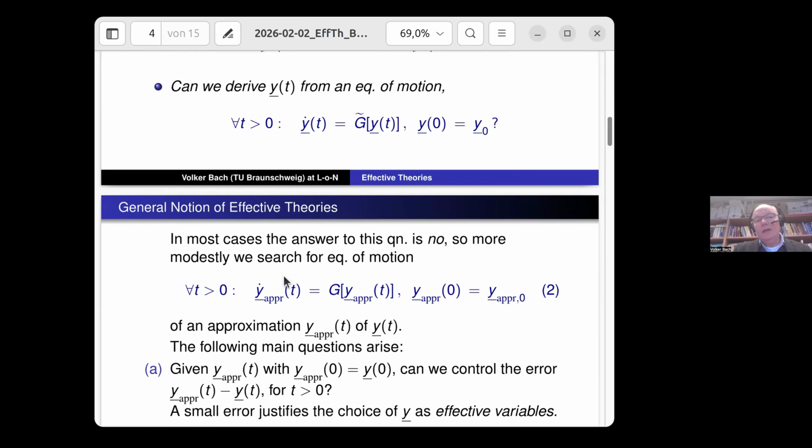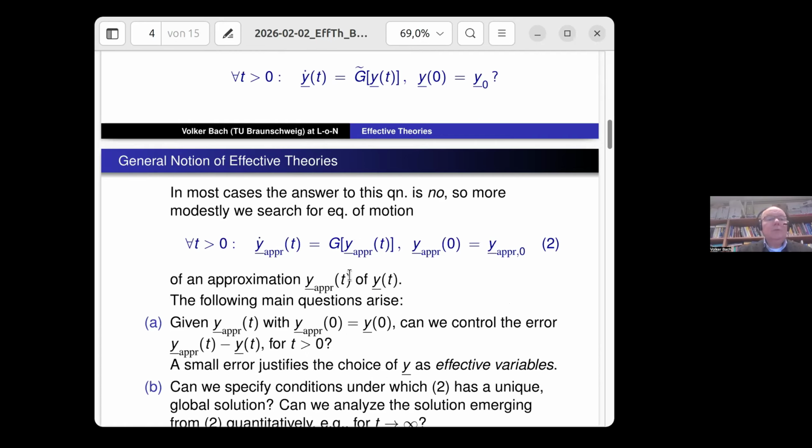It will be an integro-differential equation, and the right side of the equation of motion, where I had the g tilde here, does not depend only on time t, but on the entire path between t equals 0 and then the t we are looking at.